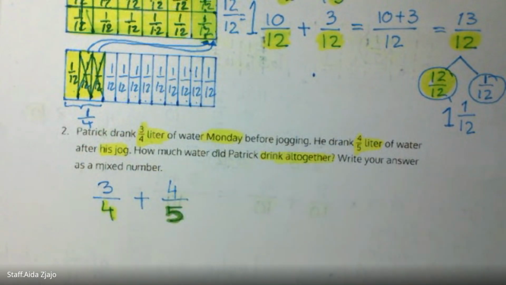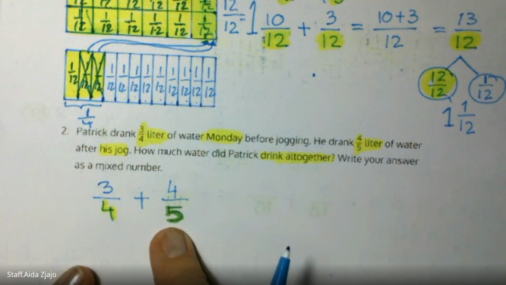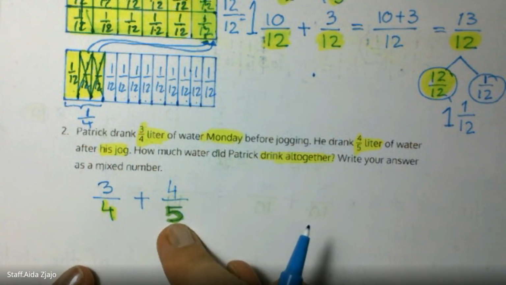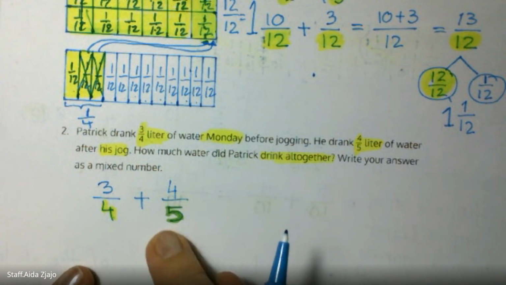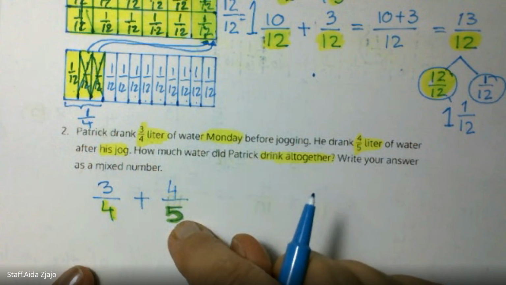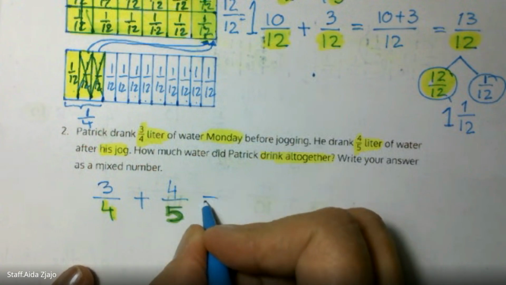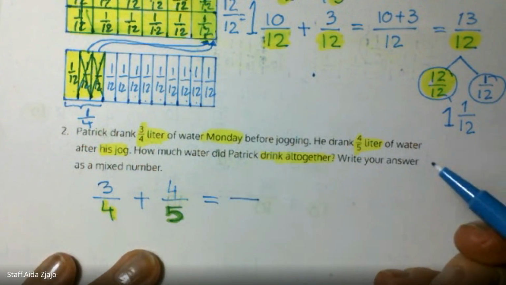So they are not the same size. This is you share with 4 people. This is you share the same whole with five people. So the parts are smaller. You have more parts, but the part is smaller. So what we needed to do is to change them into same fractions.